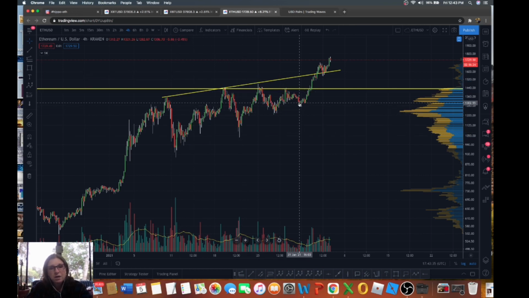You can see right here that this is the resistance or the support now that we don't want to come back underneath. I don't want to see ETH come back underneath this yellow line. That just wouldn't be good, and we would be back down into this area that we were before.